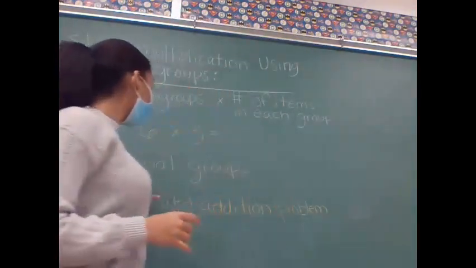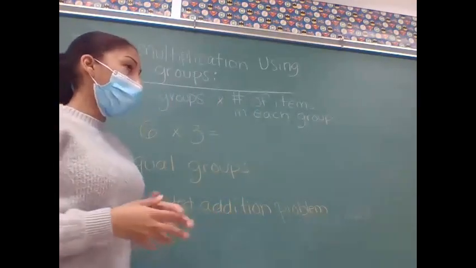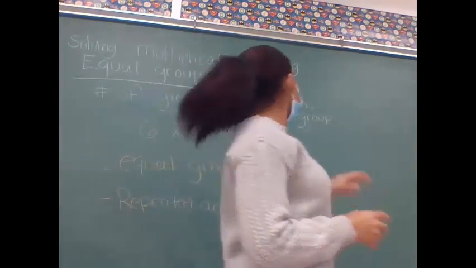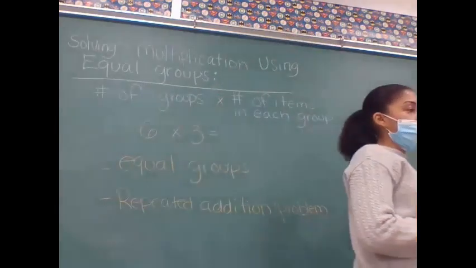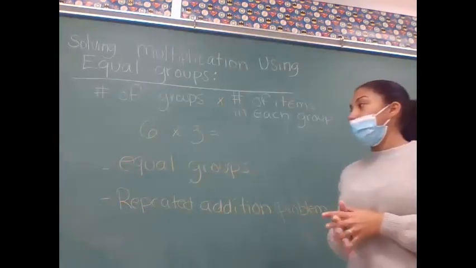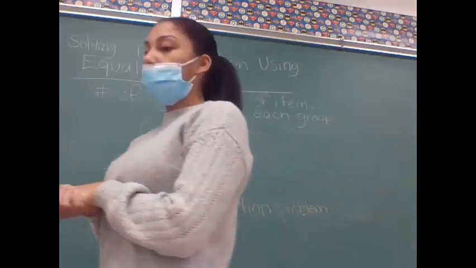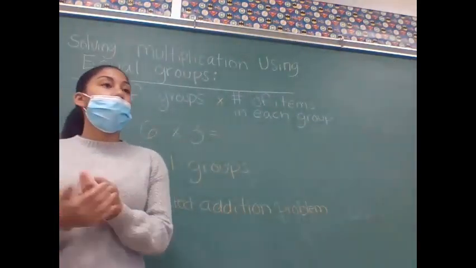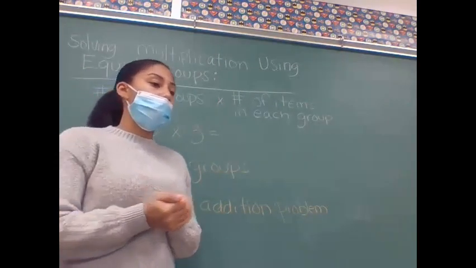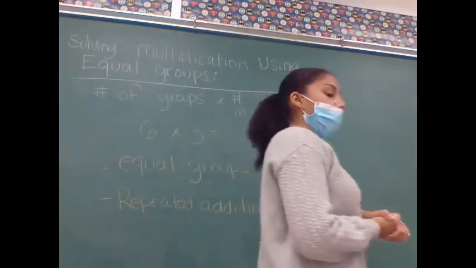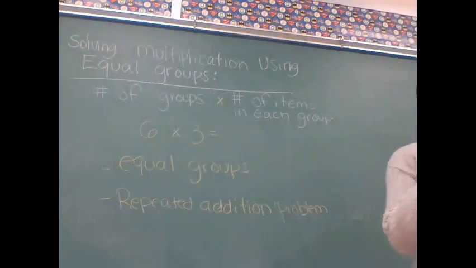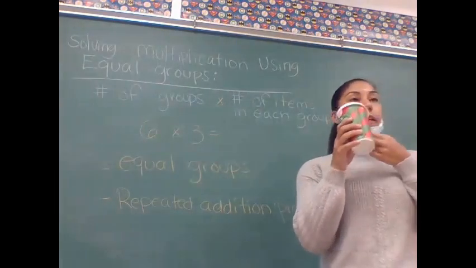We know that equal groups and repeated addition are 2 strategies we can use to solve a multiplication problem. So let's use these 2 strategies. If you have a question, raise your hand.